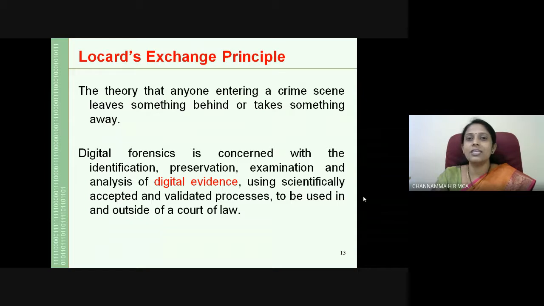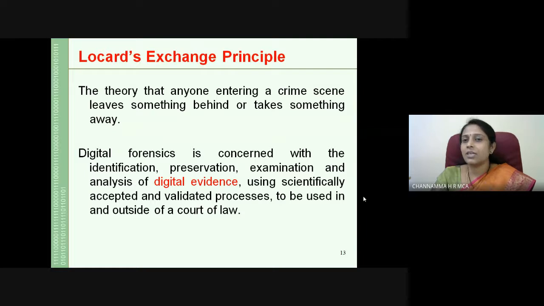But what about digital crime? Sometimes it is very difficult to get digital evidence of any crime. But this law was made very long back, and I hope it should also apply to the digital world, but we may have to wait another few years.